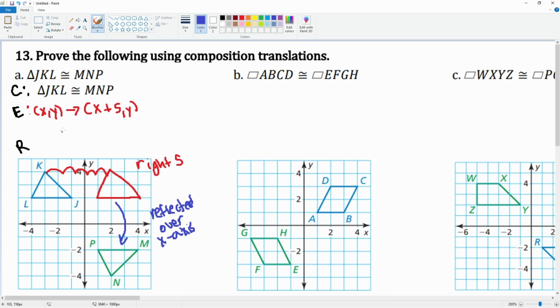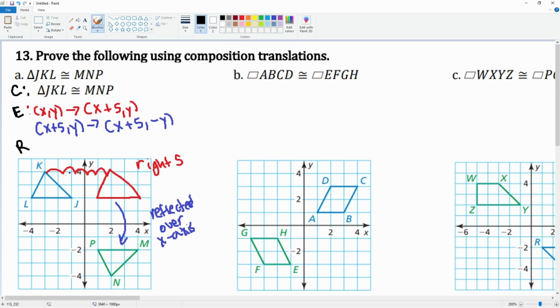So the point x plus 5 comma y will undergo a reflection over the x-axis. The reflection over the x-axis is when the y changes. So x plus 5 stays the same and we negate the y.